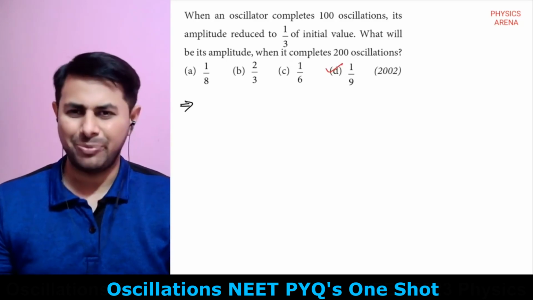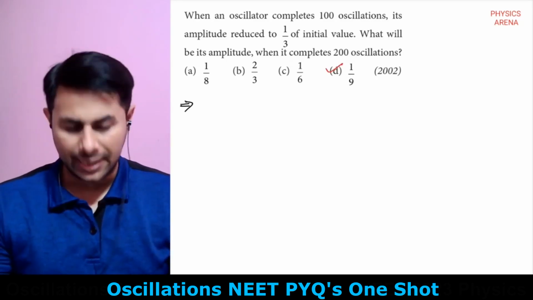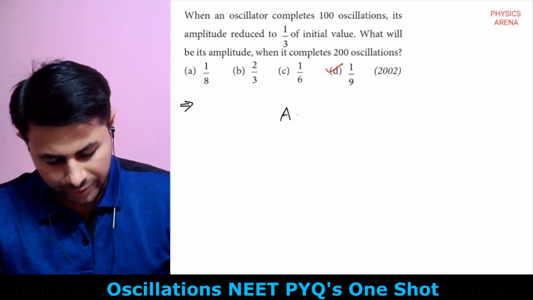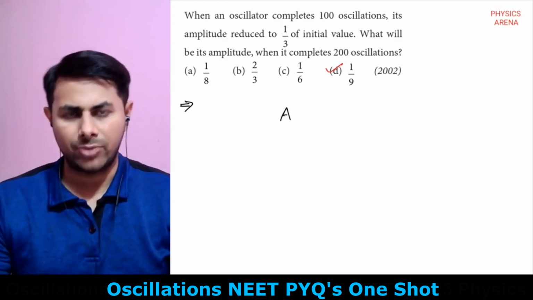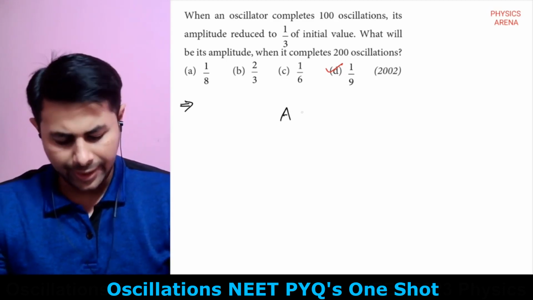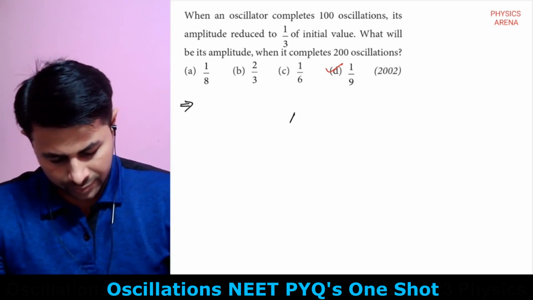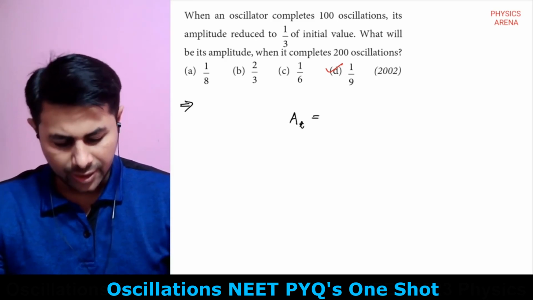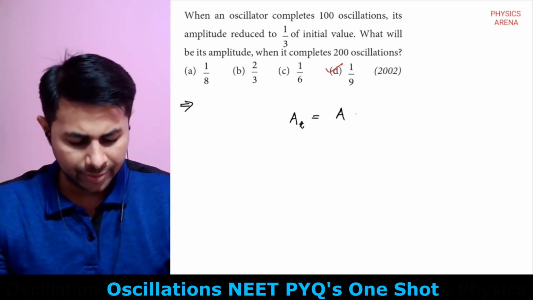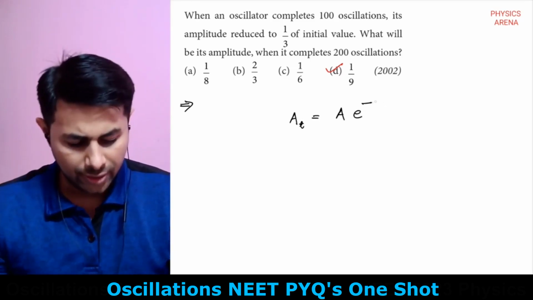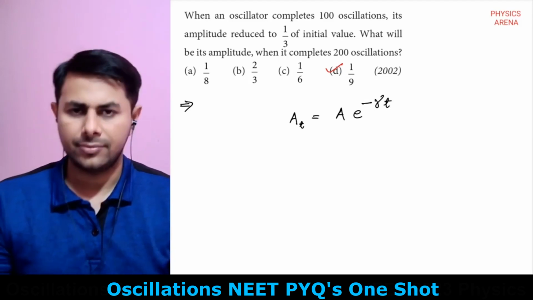You can solve this if you like. After some time, what happens? Okay, so let us write down an equation of amplitude of a damped harmonic oscillator. So A at some time t is equal to A multiplied by e raised to minus b upon 2m into t, or we can just write minus gamma t.